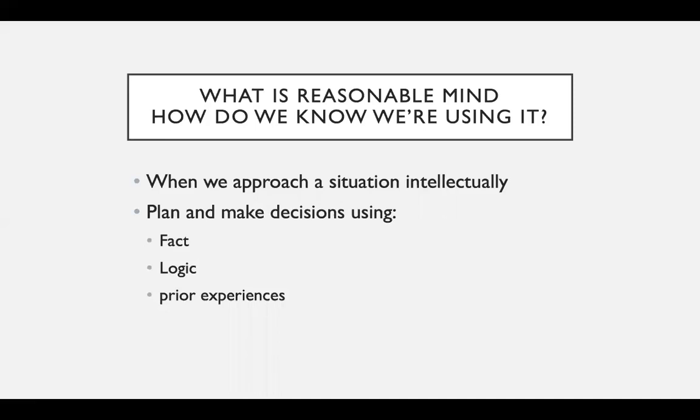Anytime that we're using statistics, prior research, and relying on our prior experiences in this way that completely discounts any form of emotion or relation, then that might be a signal to us that we are in this reasonable mind place.